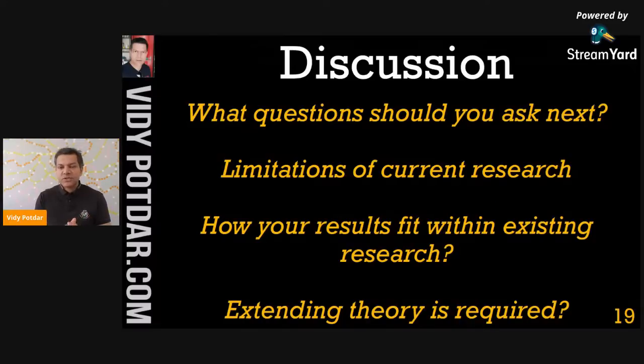If this is your topic, you are going to show that this is where you fit in the research community. This is where your research fits in the whole context of research. That is very important, and you should explicitly convey that in your discussion section.